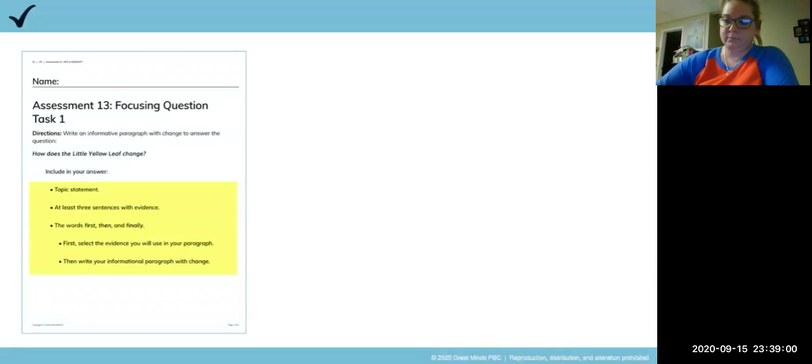First, select the evidence you will use in your paragraph, then write your informational paragraph and be sure to include change. Let's practice out loud first.